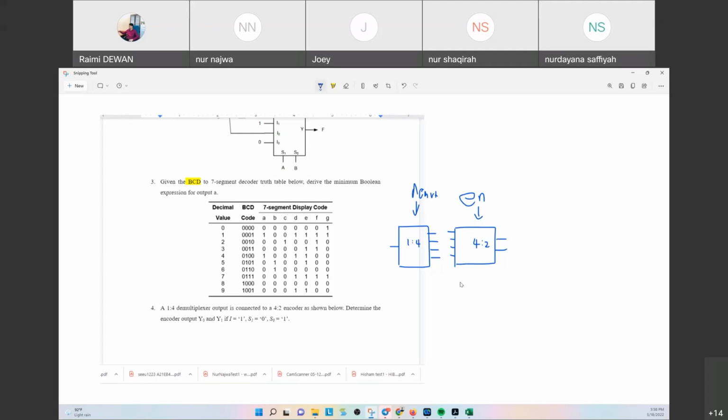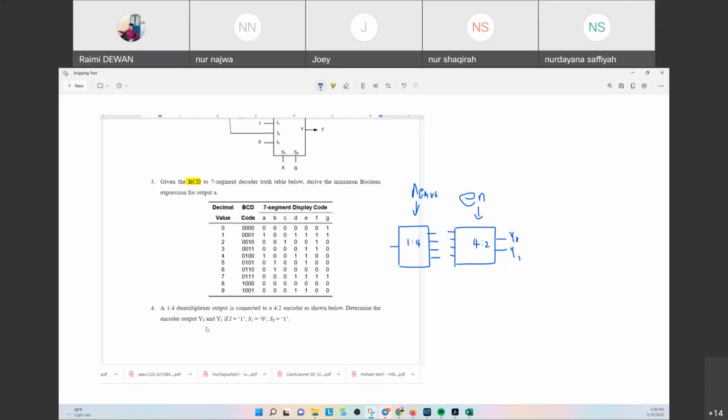Determine the encoder output Y0, Y1, which means we already have Y0 and Y1. When you tackle the question, make sure you read effectively. Don't just read without extracting the information. While reading, extract the information. This is Y0 and Y1, this is demux, and this is the encoder.